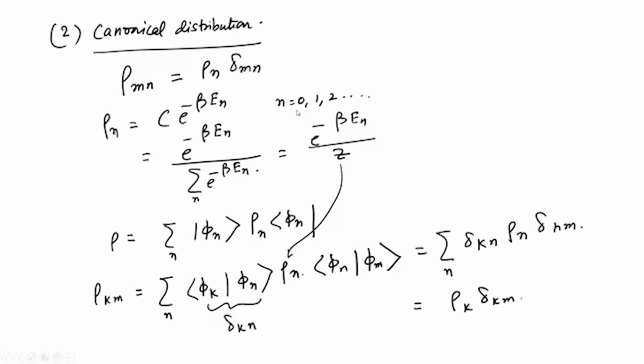If you want to see what the form for the operator is, we can write it down as rho equal to the sum over n of |phi_n> exponential minus beta H divided by Z <phi_n|. Okay.